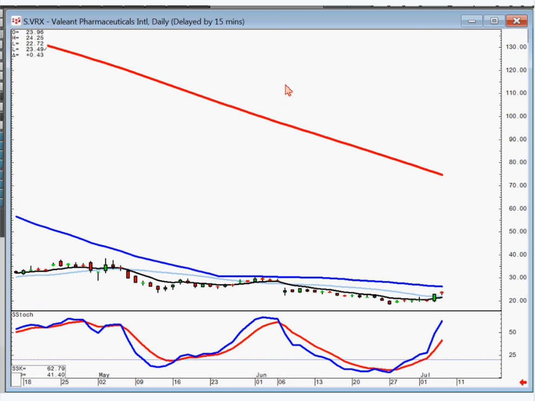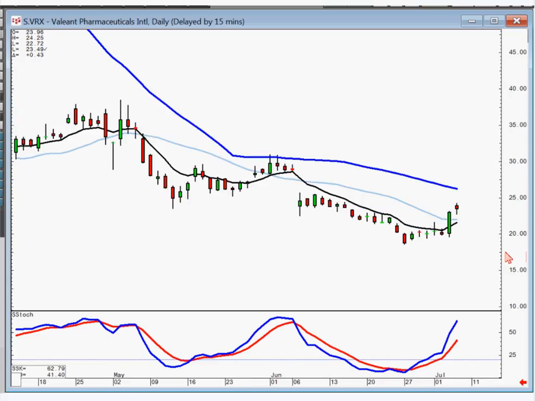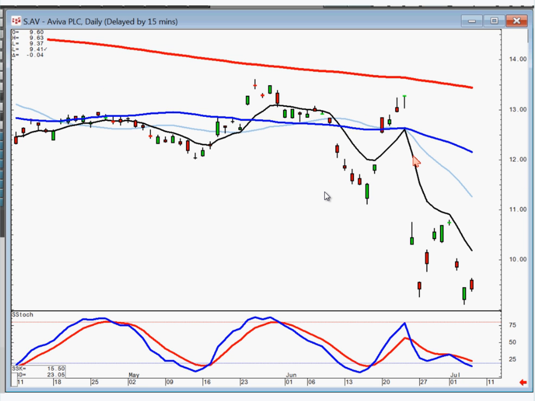And VRX, get ready for a doji sandwich. If they open this positive tomorrow and they do a doji sandwich, same magnitude as this, then just watch to start taking profits when it hits the 50.